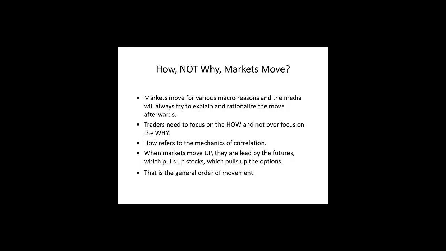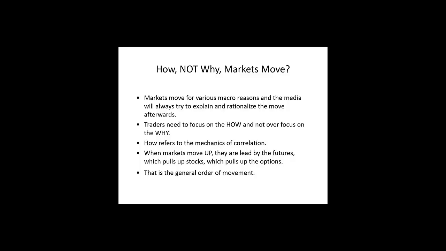And the markets move for various reasons. Okay, I know that's a pretty generic answer, but let's even go beyond the various reasons part. Let's talk about just the mechanics, the general order of market movement.